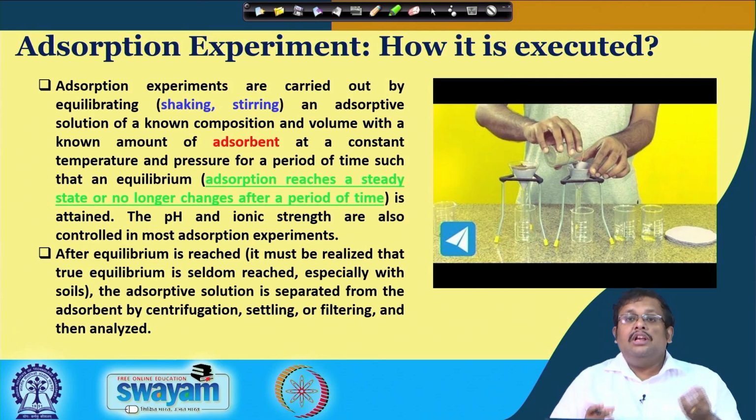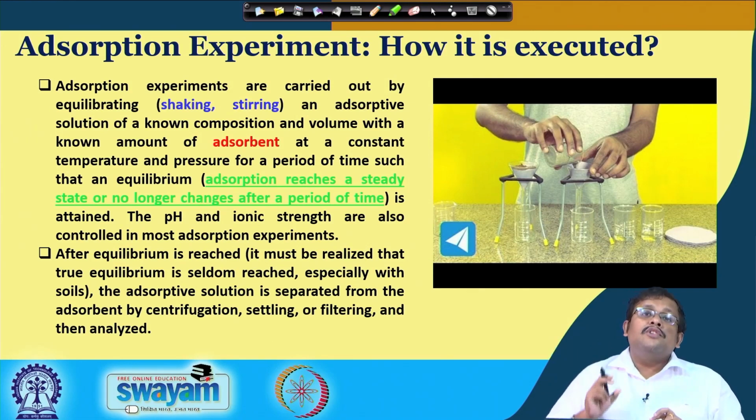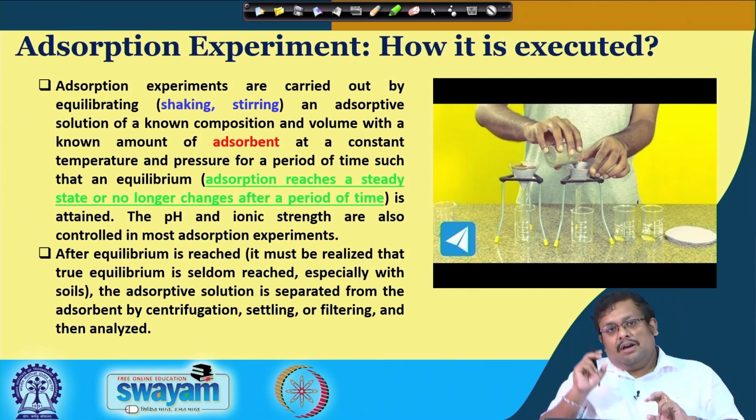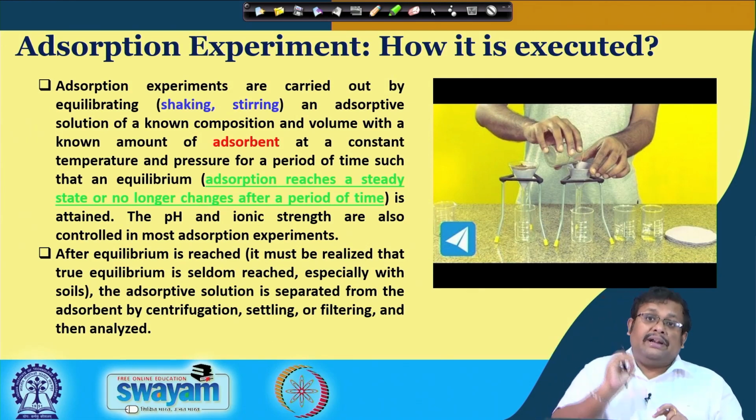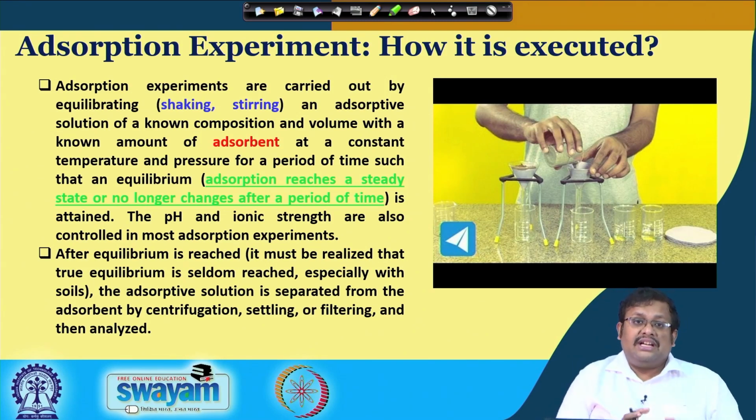For example, in case of soil, we take a known amount of soil and shake or mix it with a known volume of a solution containing a particular species of ions, at constant temperature and pressure, for a period of time such that an equilibrium is attained.